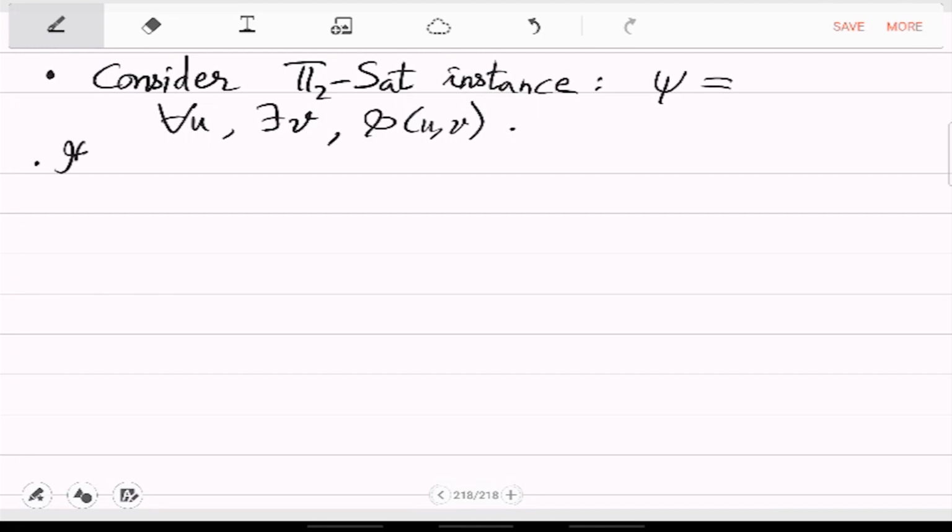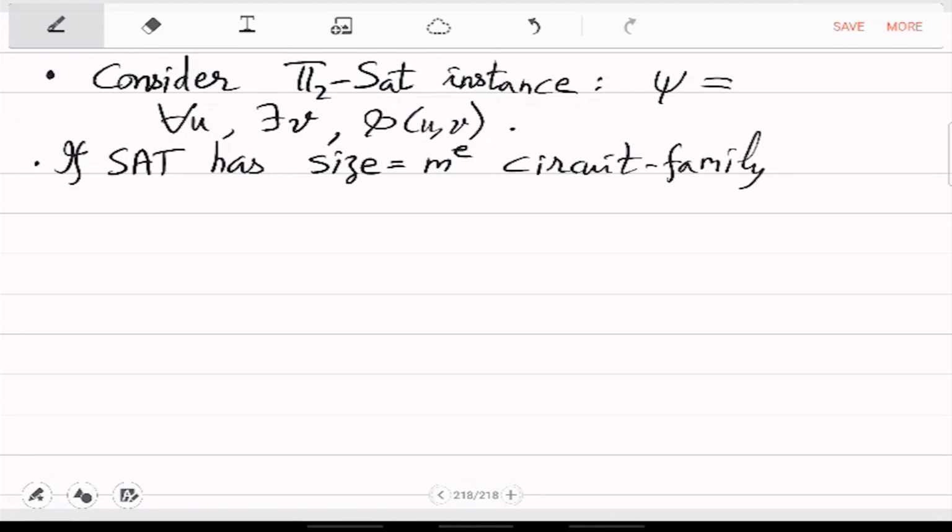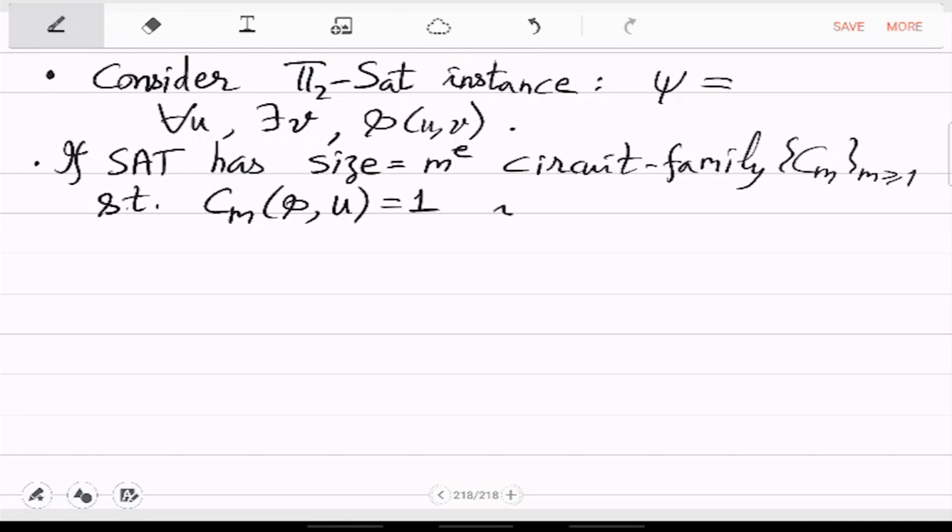Now, if SAT has, let's say, a size m to the e circuit family, Cm, such that Cm, given phi and u, tells us whether this satisfying assignment v exists.